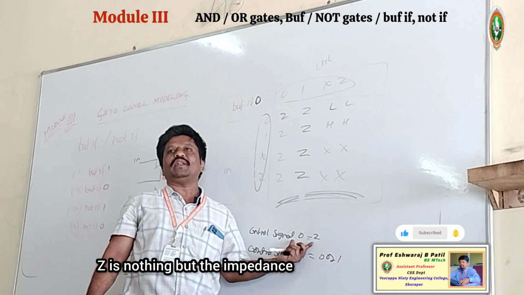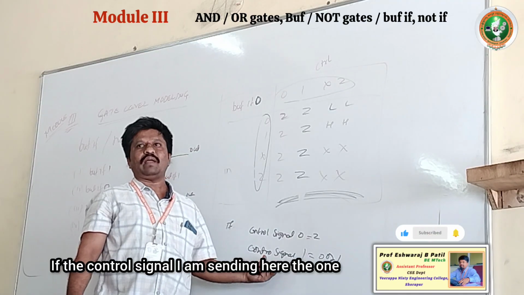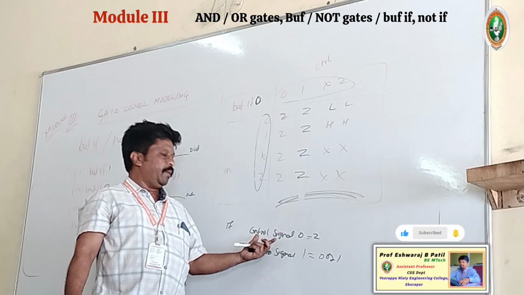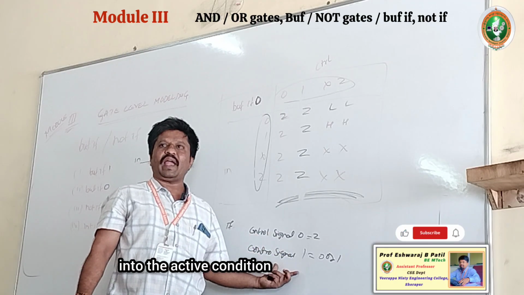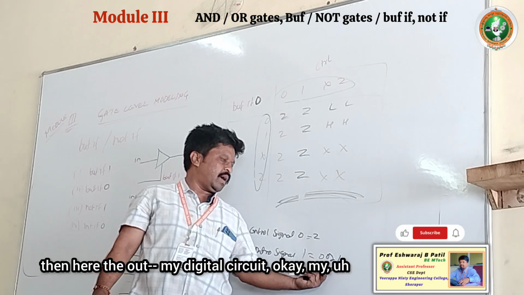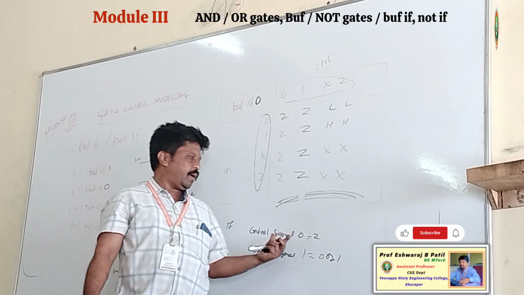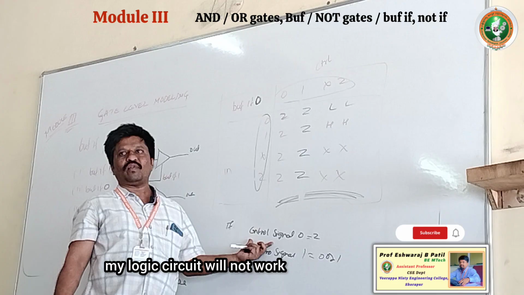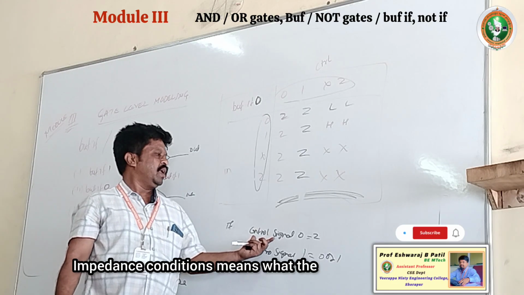Z is nothing but the high impedance. If I send the control signal 1, the output can be either 0 or 1. Impedance is nothing but the inactive condition. If I send the control signal in the active condition, then my logic circuit will work and give the result as 0 or 1. If the control signal is inactive, my logic circuit will not work; it is not giving any output, not working at all.